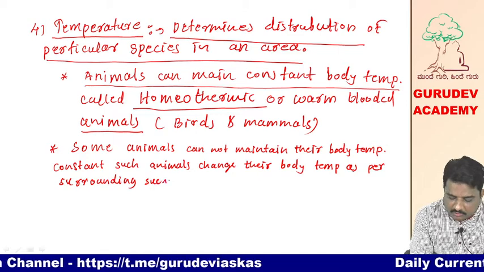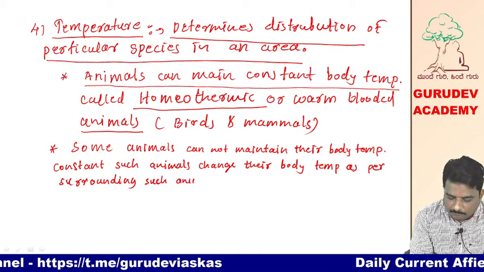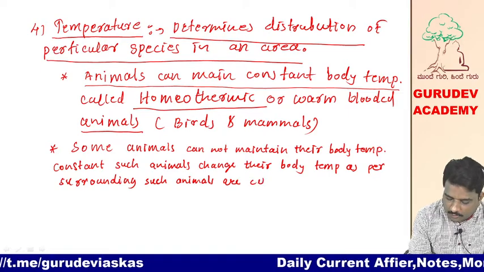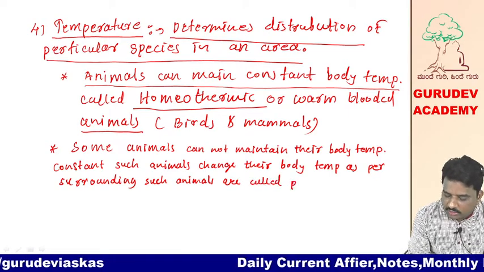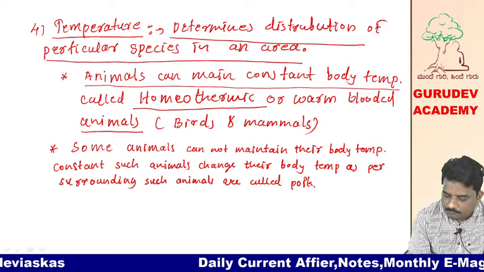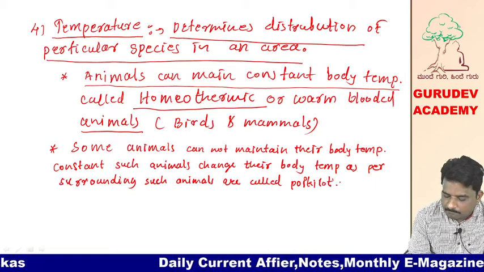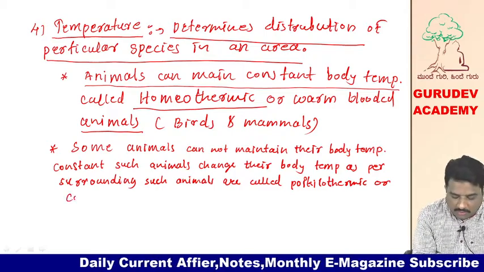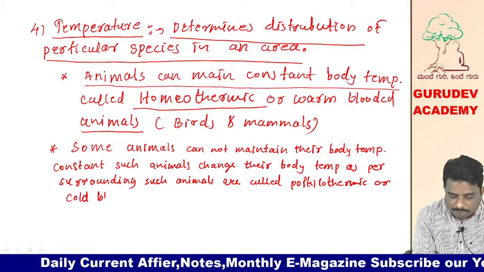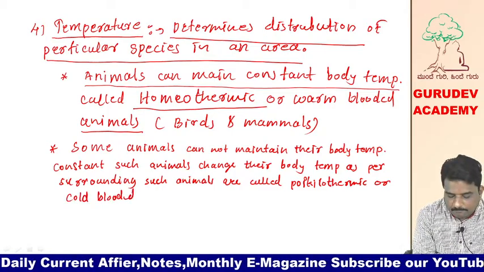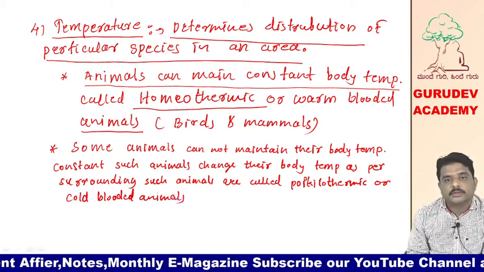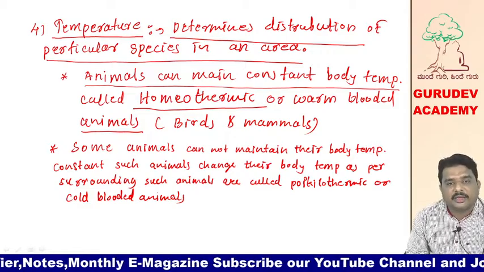Such animals are called poikilothermic animals, or cold-blooded animals.